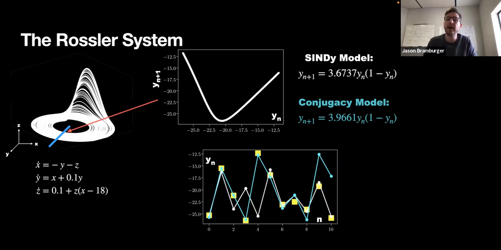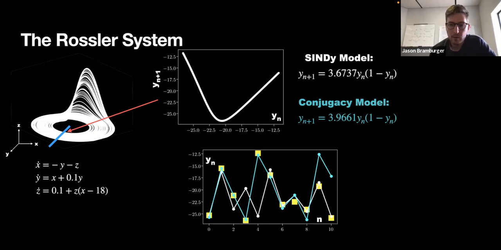Again, that comes from the fact that it's just not doing a good job of fitting something to a quadratic system. This just isn't a quadratic mapping. Whereas what you could do instead is conjugate that data, step it forward with the conjugacy model, and simply undo the conjugacy on each one of those forecasted iterates.